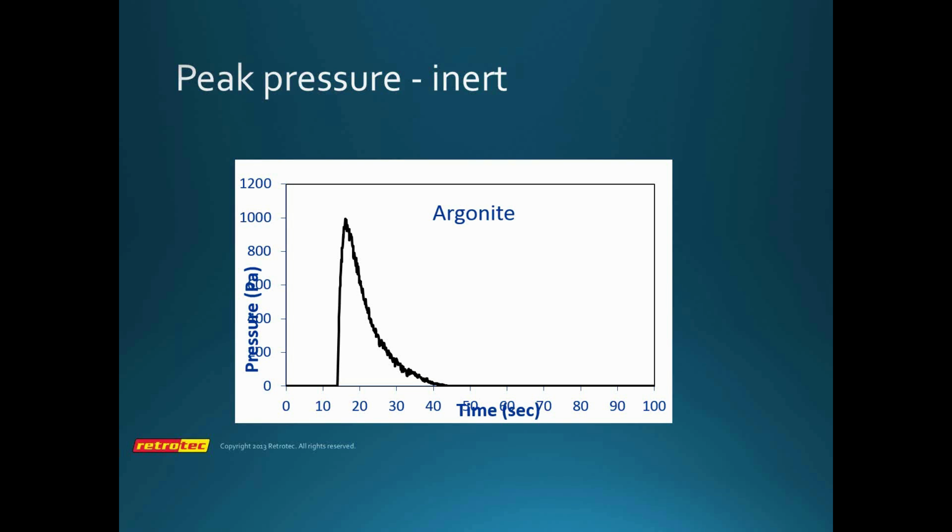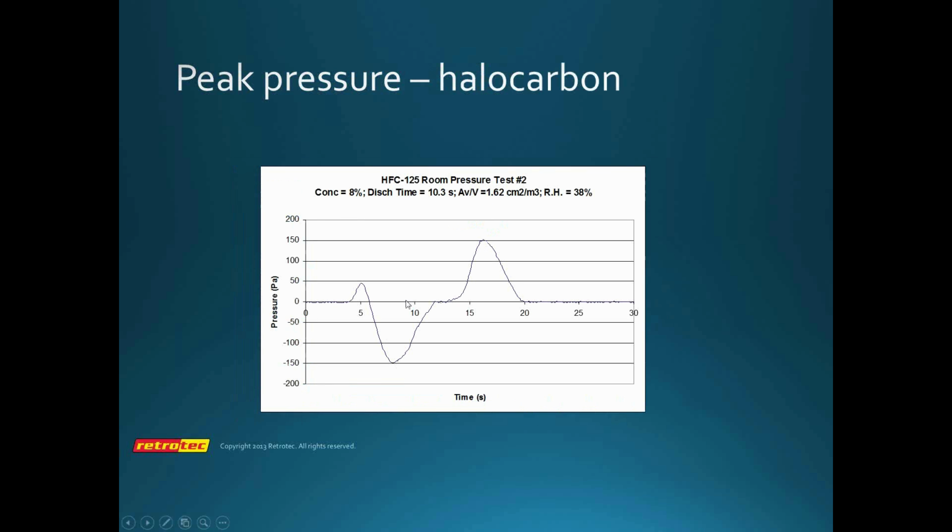Everyone's quite familiar with peak pressure when it comes to inerts, and of course here's a little peak pressure spike that we get when we have, say, an Argonite or any inert agent discharge. The big surprise came that we can get similar but different looking pressure spikes when we're dealing with halocarbons.